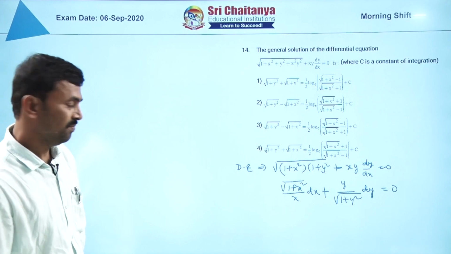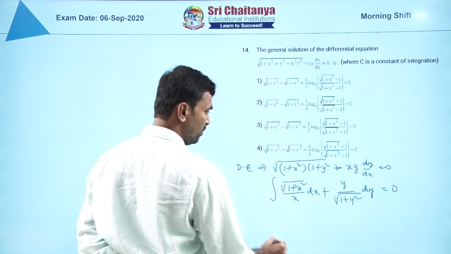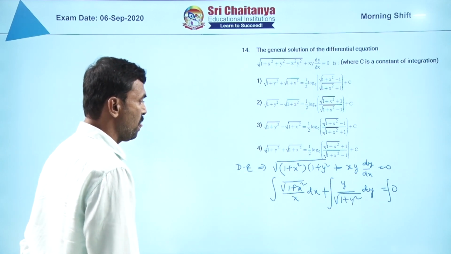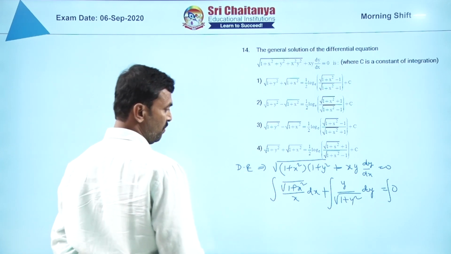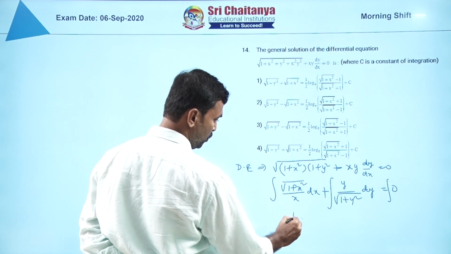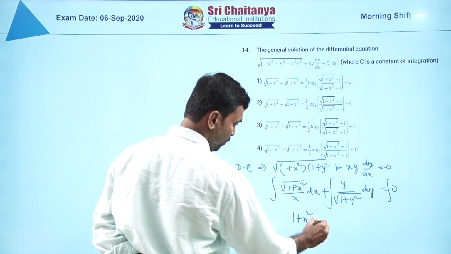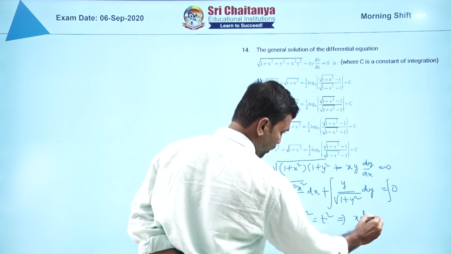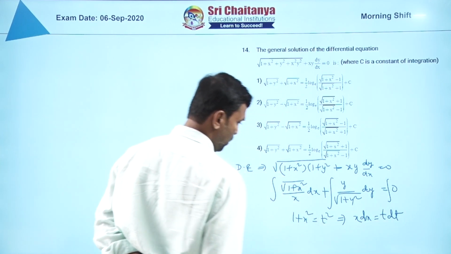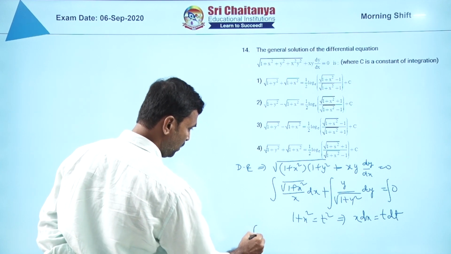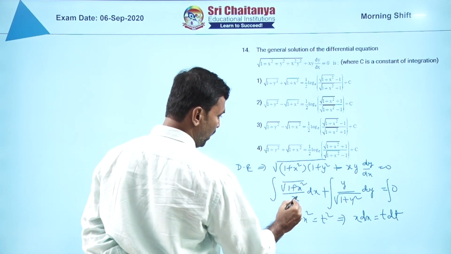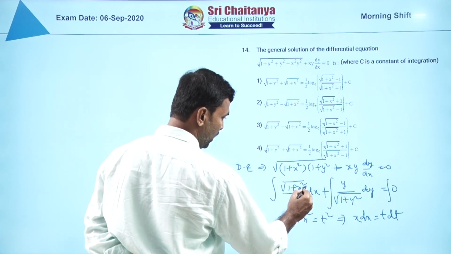Now, integrate, integral of this, integral of this. How to evaluate this integral? For that you take the substitution 1 plus x square is equal to t square, x dx equal to t dt. This implies root of 1 plus x square, in fact I am multiplying and dividing by x, then I will get like this.